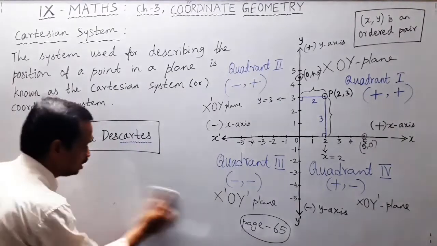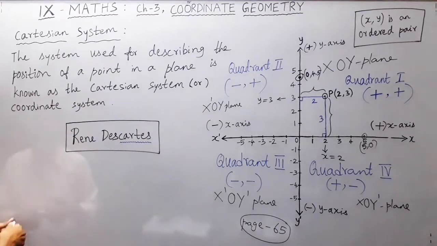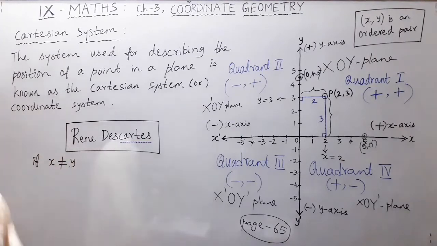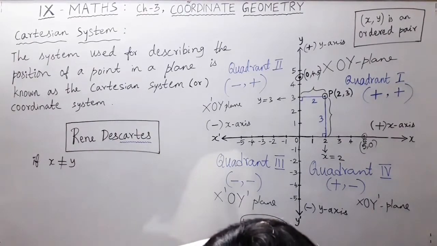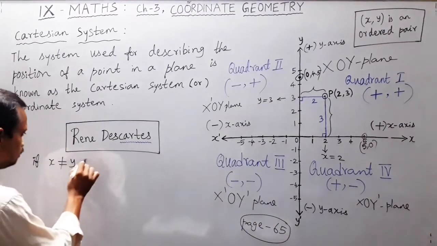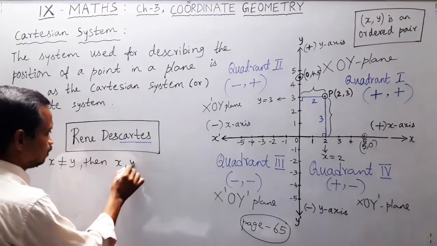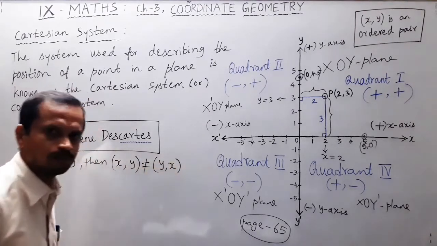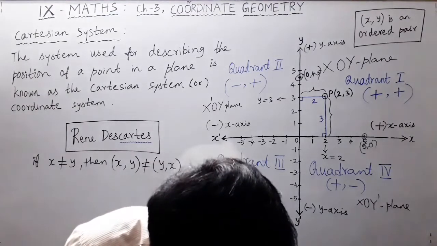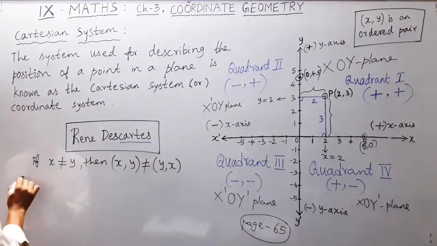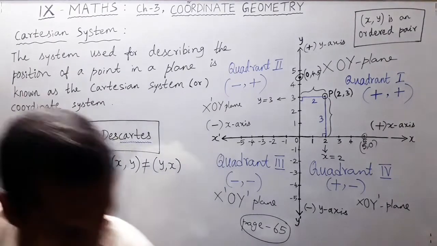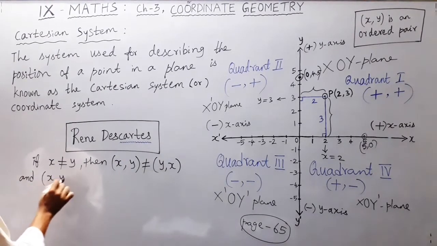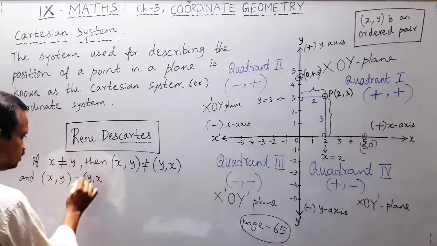If x is not equal to y, then x comma y is not equal to y comma x, and if x equal to y, if both are equal, x comma y equal to y comma x.